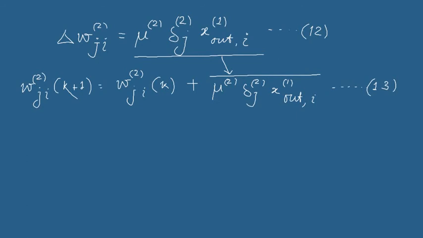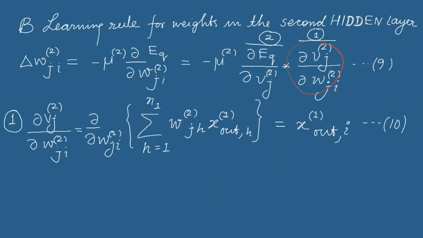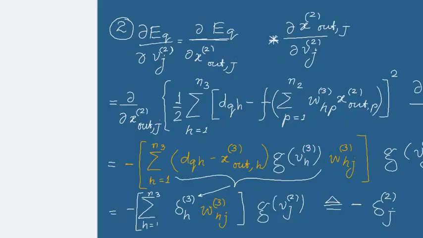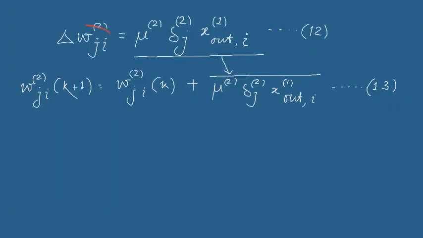Now we have seen that this part is x1_out_i, and this part has been defined as delta j2, which can be evaluated in terms of delta 3 and g'(v_j2). So now we can write this expression delta w_ji for the second layer as mu of the second layer, delta j2 and x_out_i superscript 1.